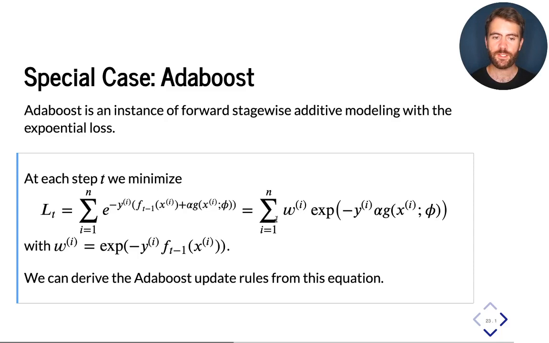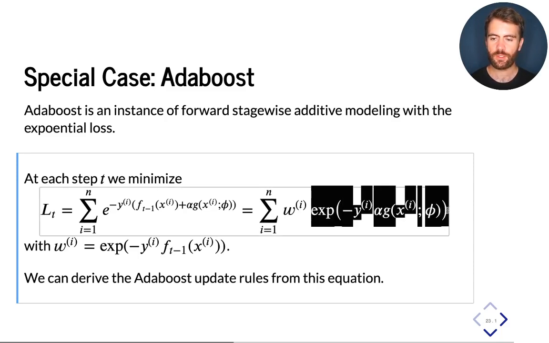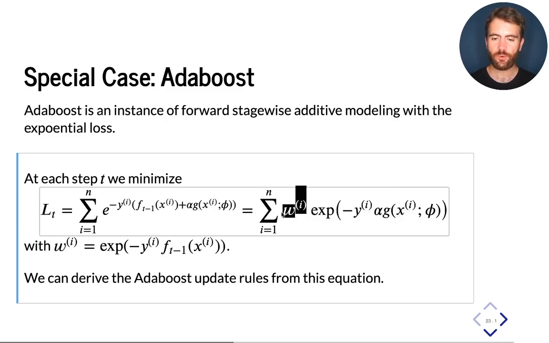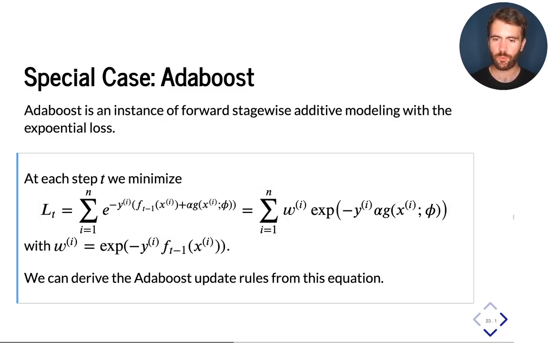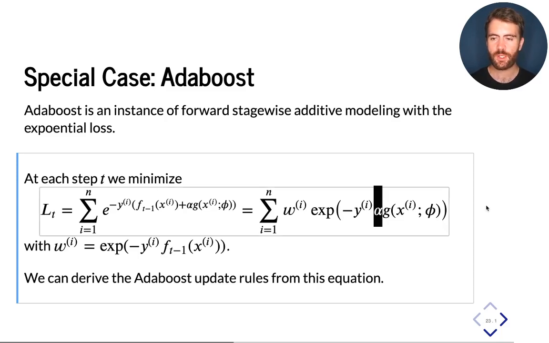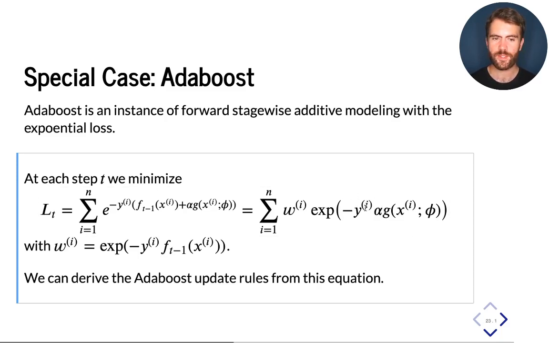So already you see that this is a weighted exponential loss with the following weights, and already this starts to look a little bit like a boosting algorithm, given that we have weights. It's possible to derive the same update rules for the weights and the alpha that AdaBoost uses by analyzing this expression.